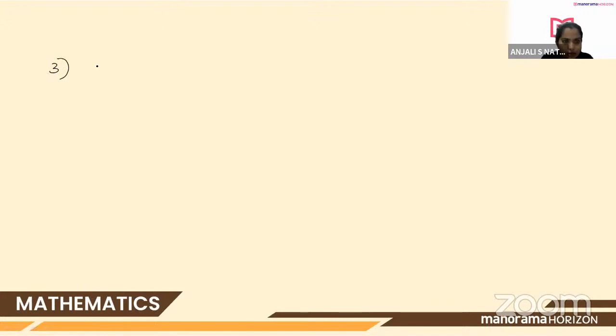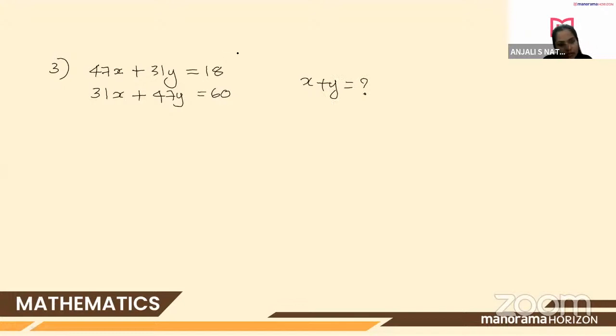That is 47x plus 31y is equal to 18 and 31x plus 47y is equal to 60. We have to find x plus y. We can take this as equation 1 and this is equation 2.